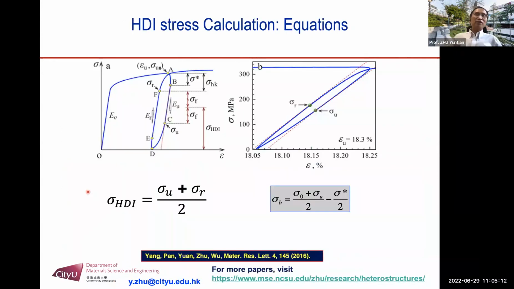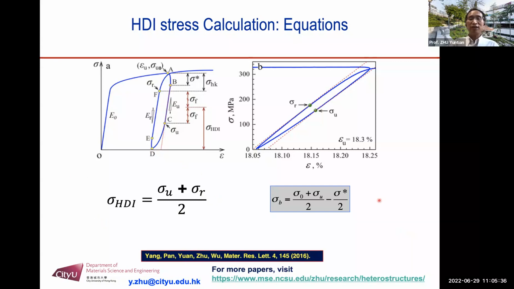The HDI stress can be measured by unloading-reloading test using this equation. This equation was recently derived by us. If you have more interest, you can come to this paper.